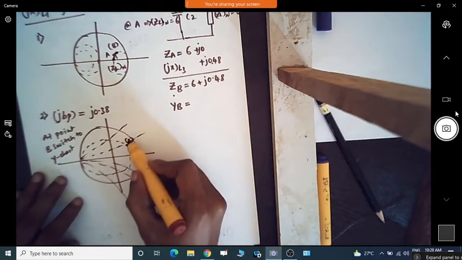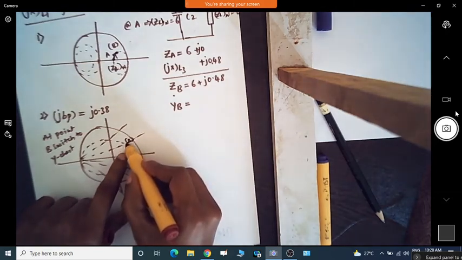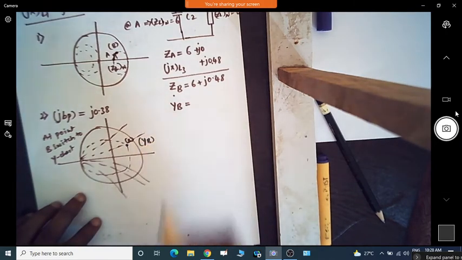Whatever point B we found here, at the same point we have to find the admittance value.